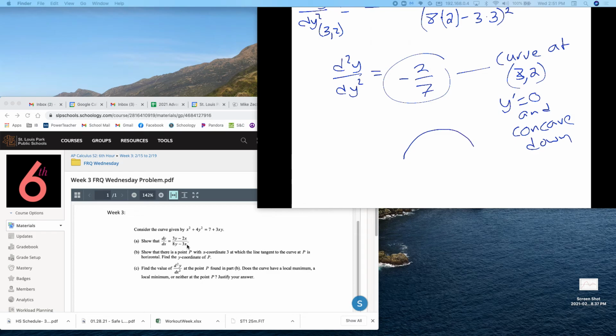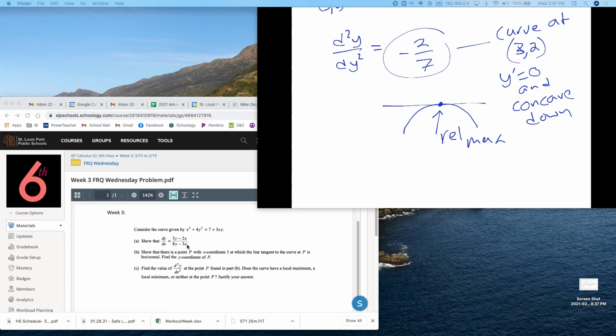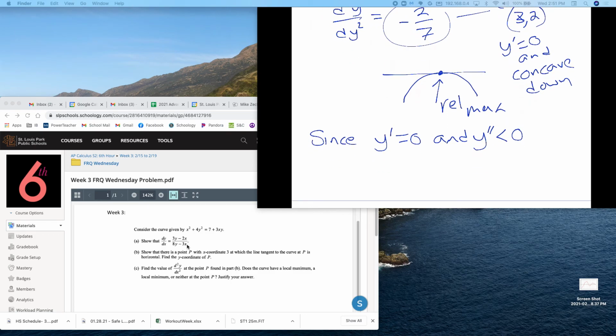So if we have a concave down, slope equaling 0, that makes this a relative maximum. So since the first derivative is equal to 0 and the second derivative is less than 0, 3, 2 is a relative maximum.